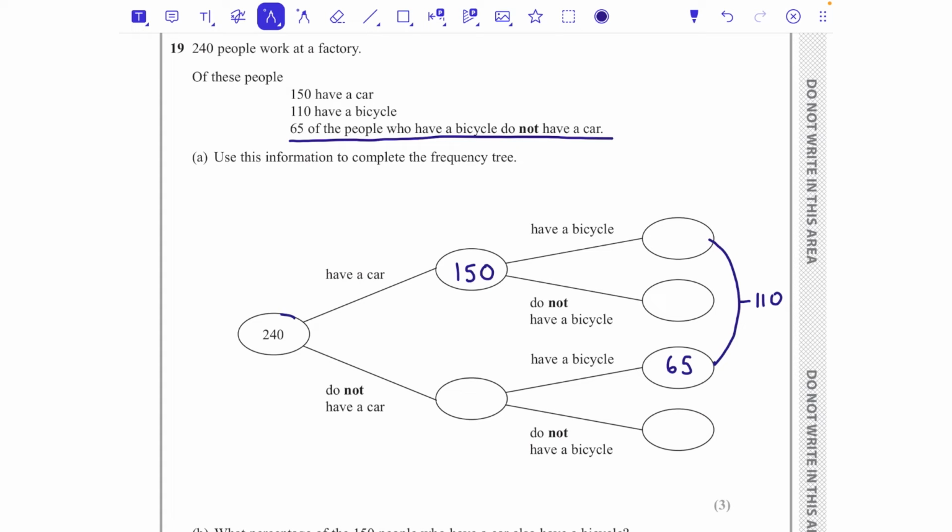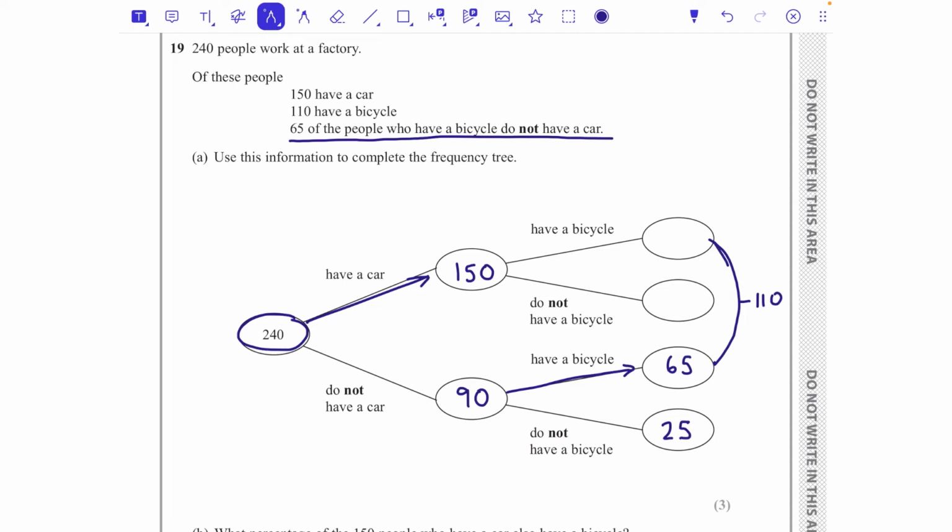I know that if there are 240 people altogether and 150 people have a car, then the rest of the people do not have a car, and that's going to be 90 people. We then know that if this is 65, what do I need to add to 65 to make 90? So 90 take away 65 is 25 there.